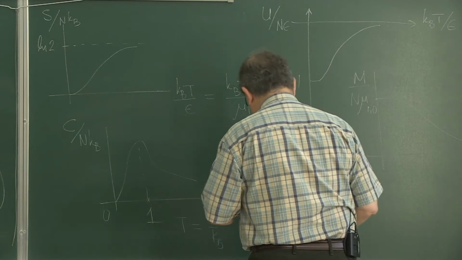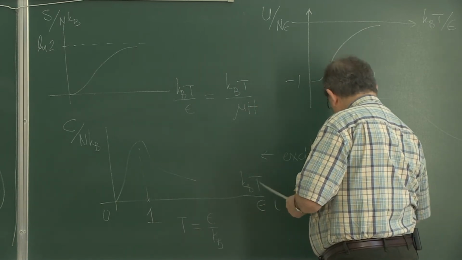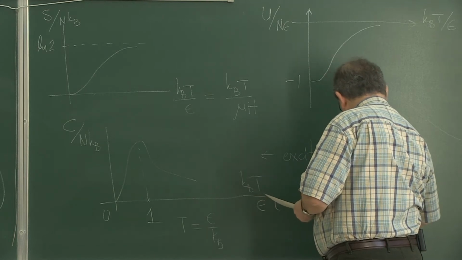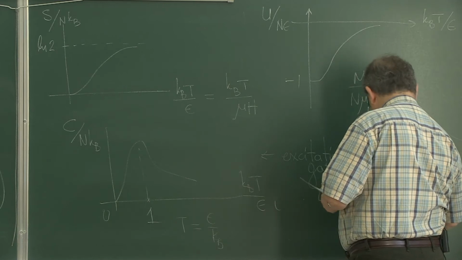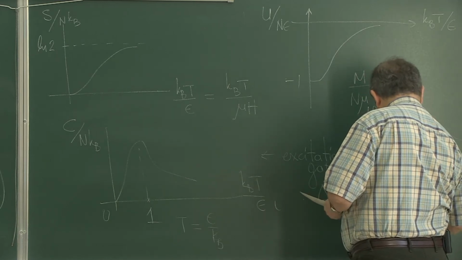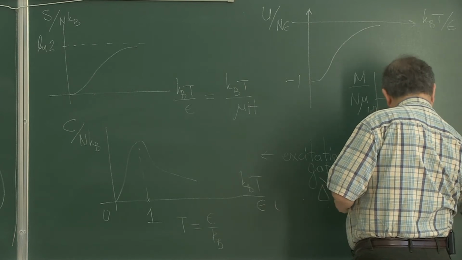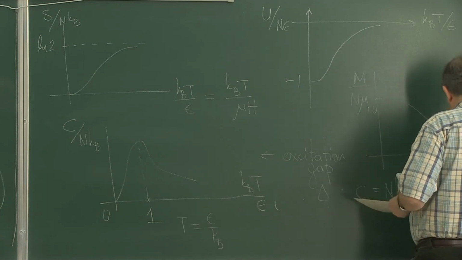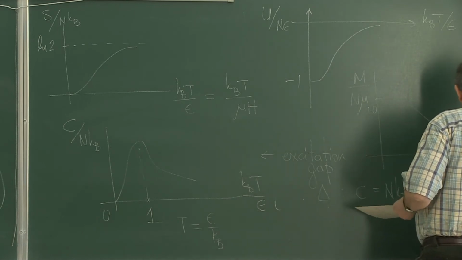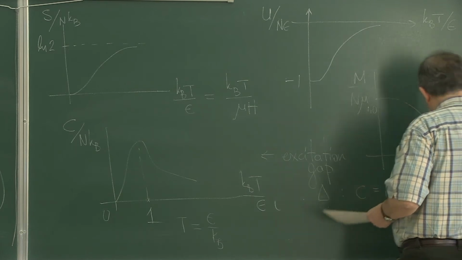In terms of this excitation gap, you can write the C as N kB, delta over kBT squared, e to the delta over kBT over 1 plus e to the delta over kBT, all squared, minus 2.